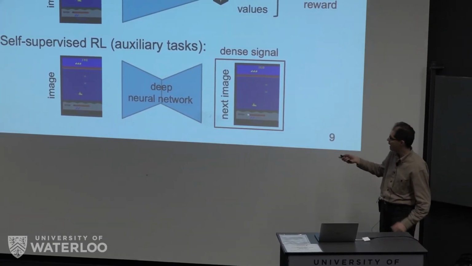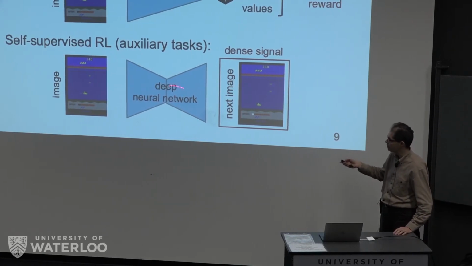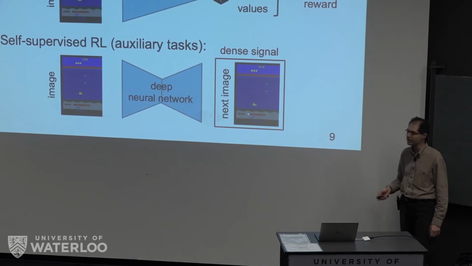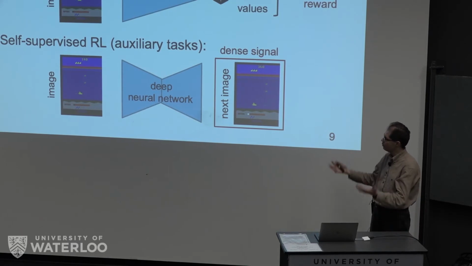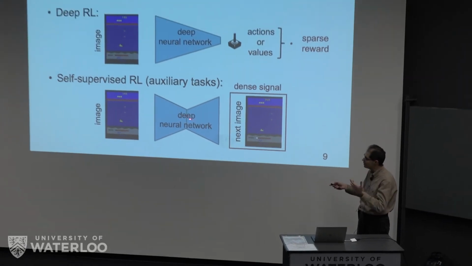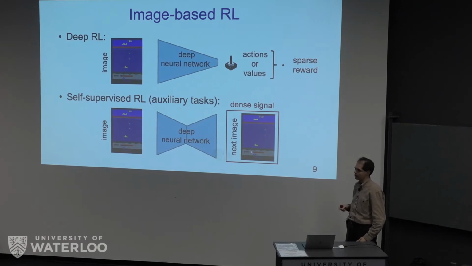So now we have millions of signals that can train millions of parameters here, and therefore we're going to be able to do it much faster, or at least get the network into a state where, even though it will be mostly for predicting the next image, that's still useful information that will help for computing actions and values.